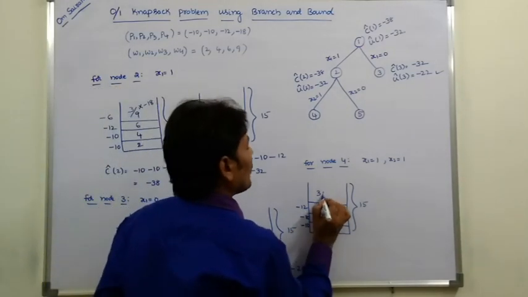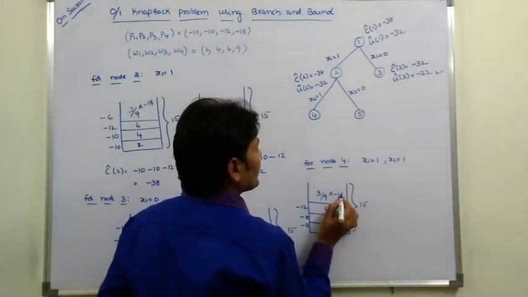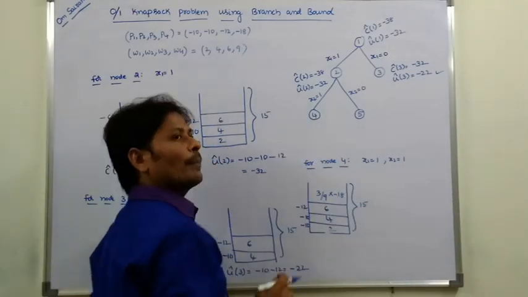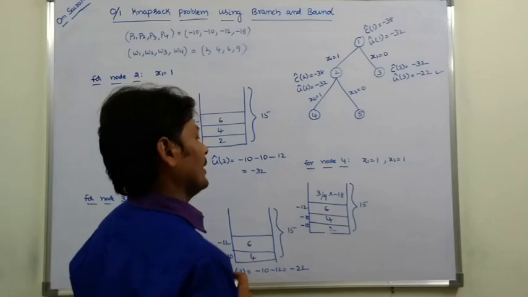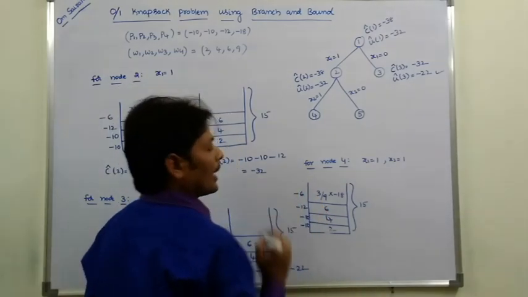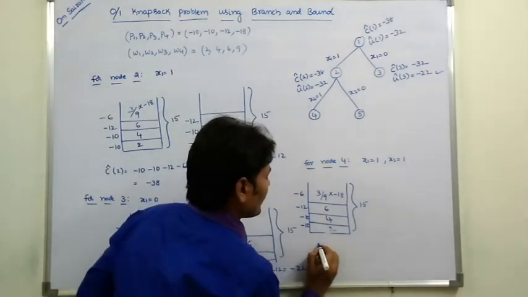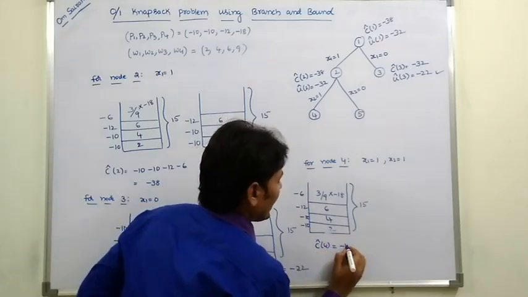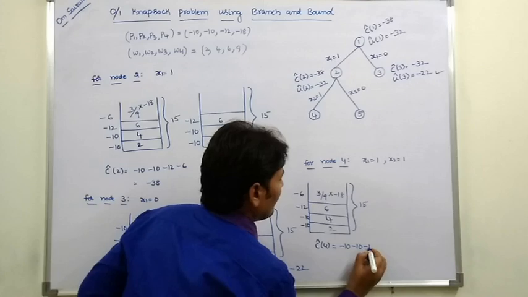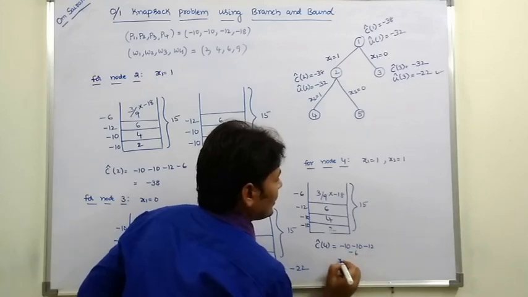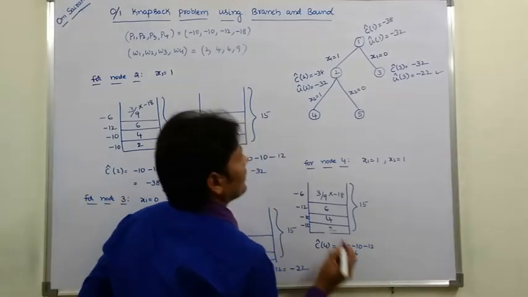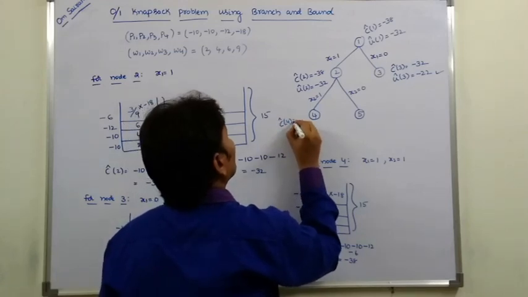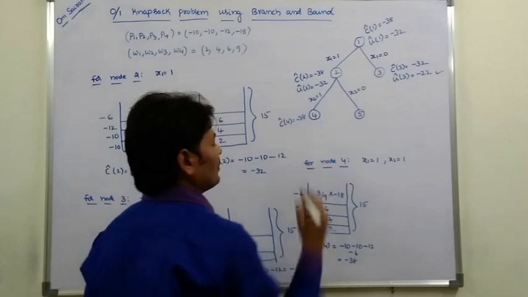So a fraction of the object is placed into the knapsack. The remaining capacity divided by the weight of the object is multiplied with the corresponding profit, so that is minus 6. Therefore C cap of 4 is equal to minus 10 minus 10 minus 12 minus 6, so that is minus 38. So C cap of 4 is equal to minus 38.